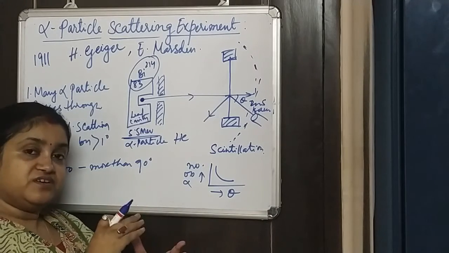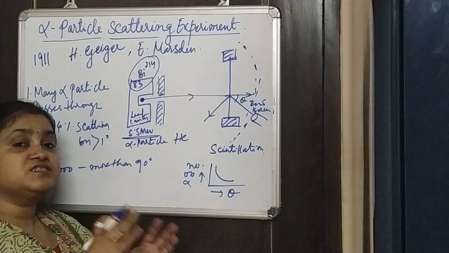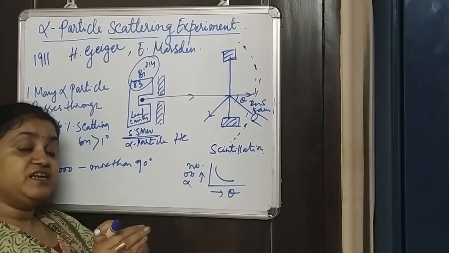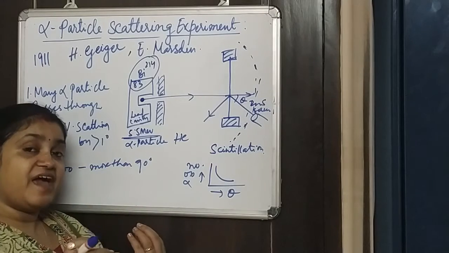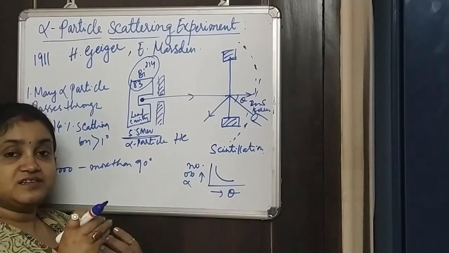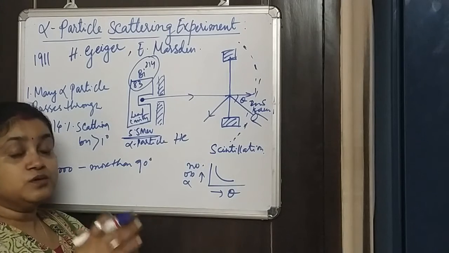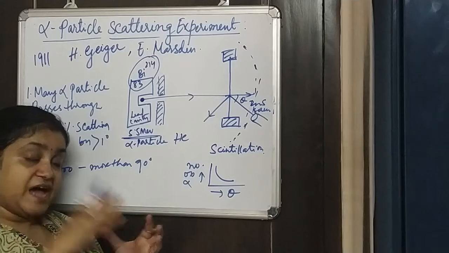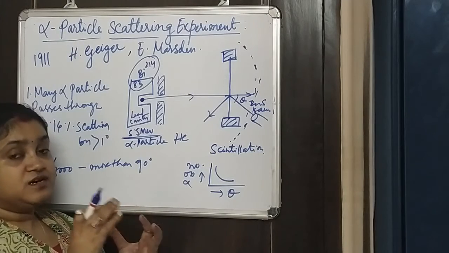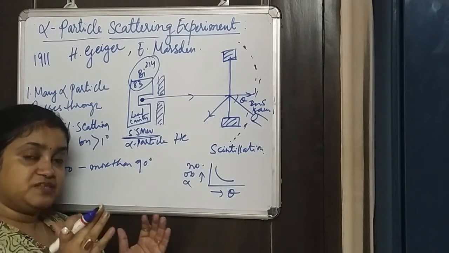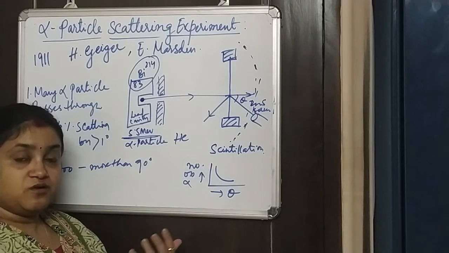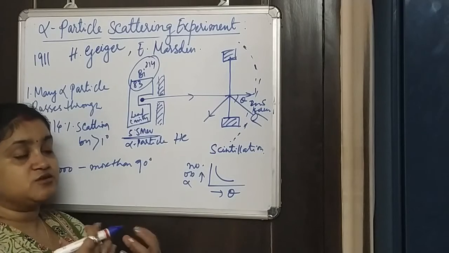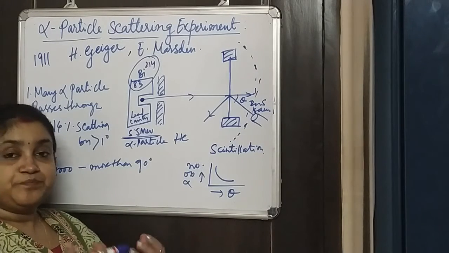Based on the study of this collisional effect, and the angle at which these alpha particles are scattered, the whole study was done, and the whole model of the atom was created by Rutherford.